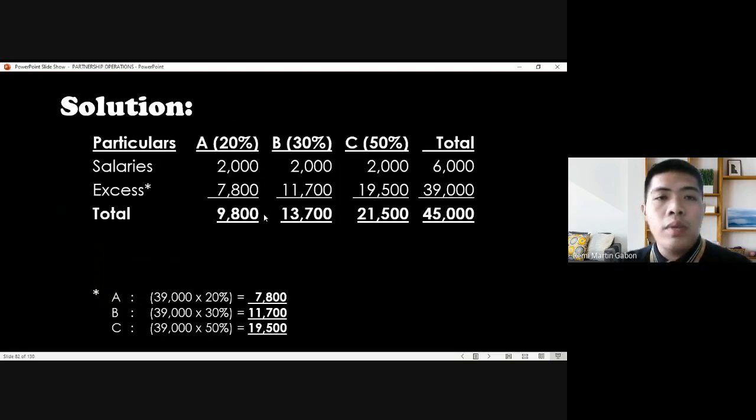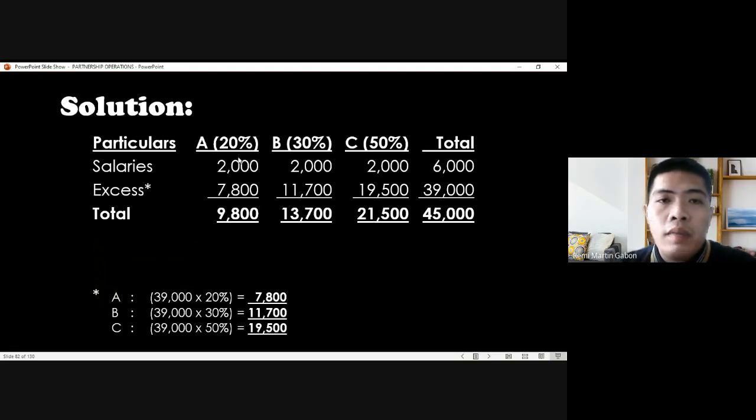So this distribution that we can have in a table form. So salaries 2,000 each for A, B, and C. Then the excess, how we're going to determine the excess? Out of 45,000, 6,000 had been distributed already. So the difference is 39,000 positive amount. Then make a distribution out of the 39,000.